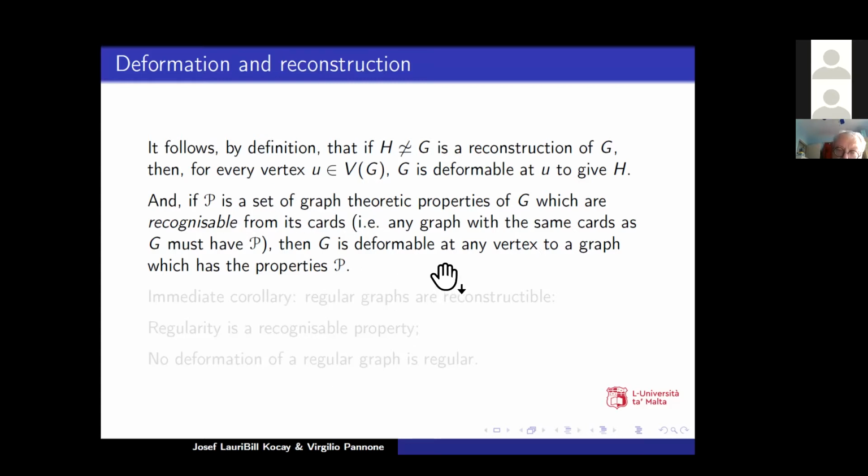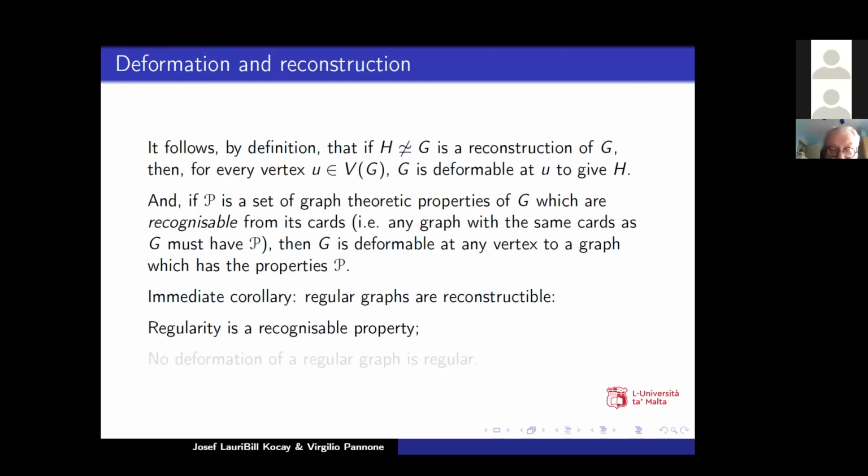Okay. So an immediate corollary is that elementary result which I mentioned earlier, that regular graphs are reconstructible. Why? Because regularity is a recognizable property. In other words, whether or not the reconstruction conjecture is true, whether or not H is isomorphic to G, we know that H must have the same degrees as G, therefore it is also regular.